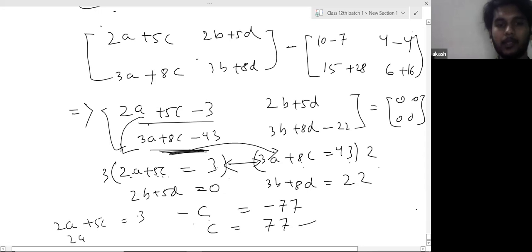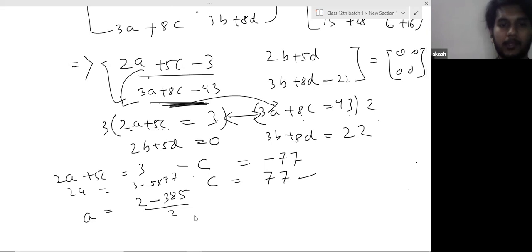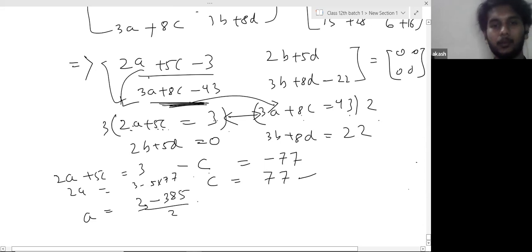So 2A is equal to 3 minus 5 into 77, which is 3 minus 385, so 2A is minus 382, and A will be minus 382 by 2, which gives minus 191. All right.